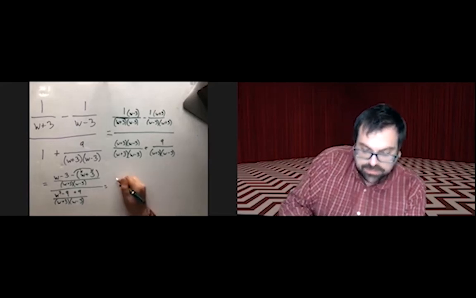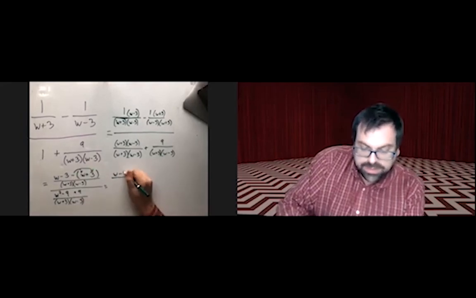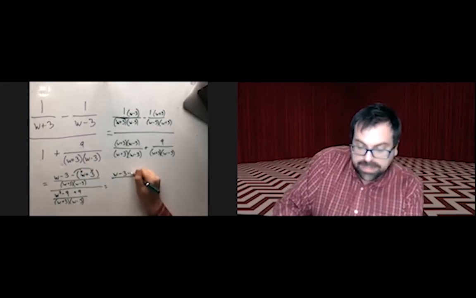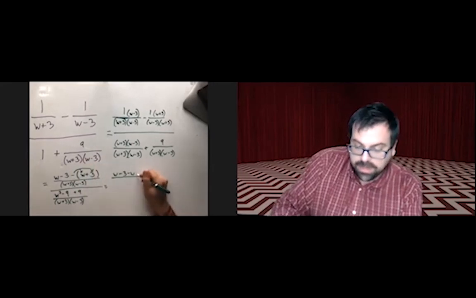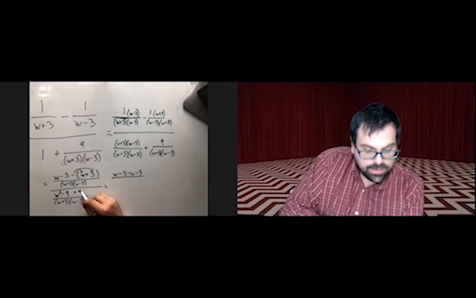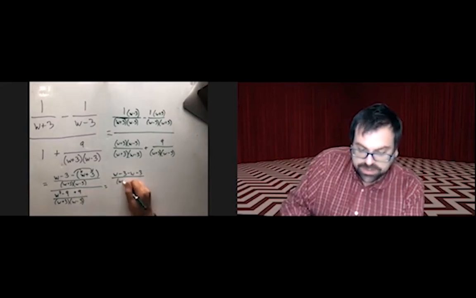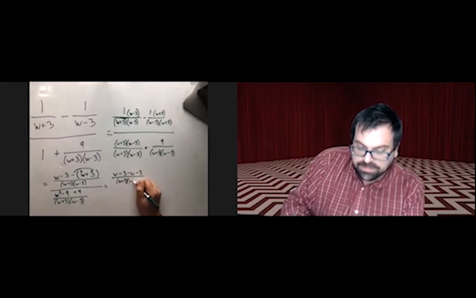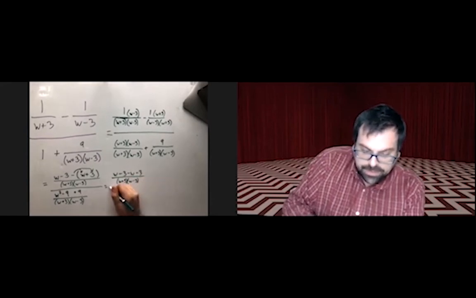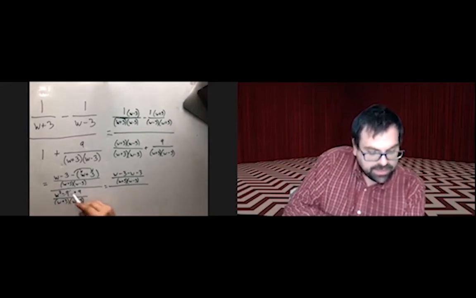If we simplify some more, this is w minus 3 minus w minus 3. We'll leave this factored, w plus 3, w minus 3. Here, minus 9 plus 9, those cancel.